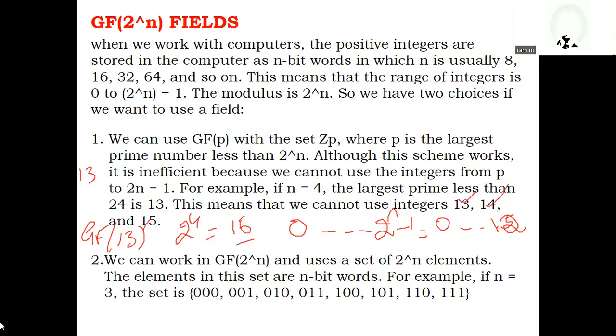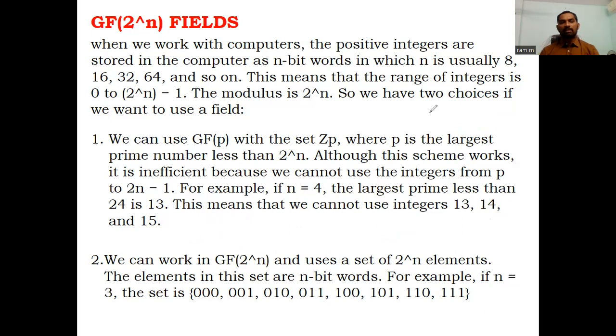Like that, if I consider 2 power 8, the largest prime number is 251. So the remaining values I will not consider in my theory. That is one of the drawbacks if I represent this GF of 2 power n as GF of P, that is Galois finite field.